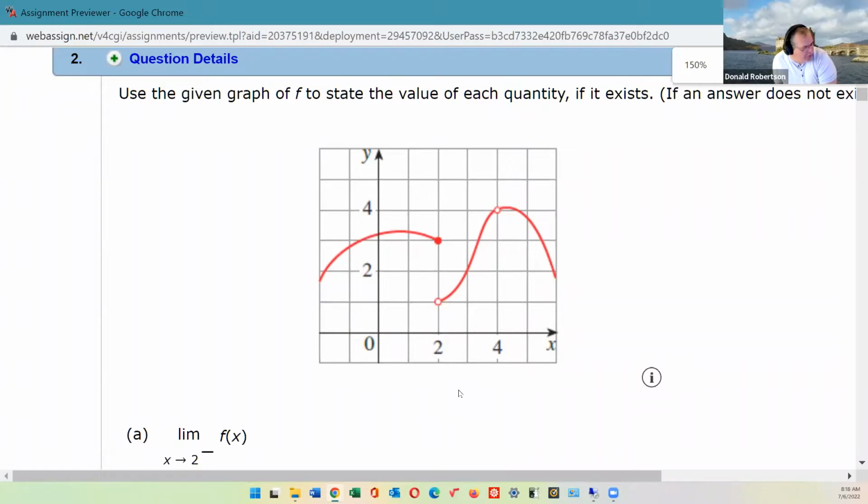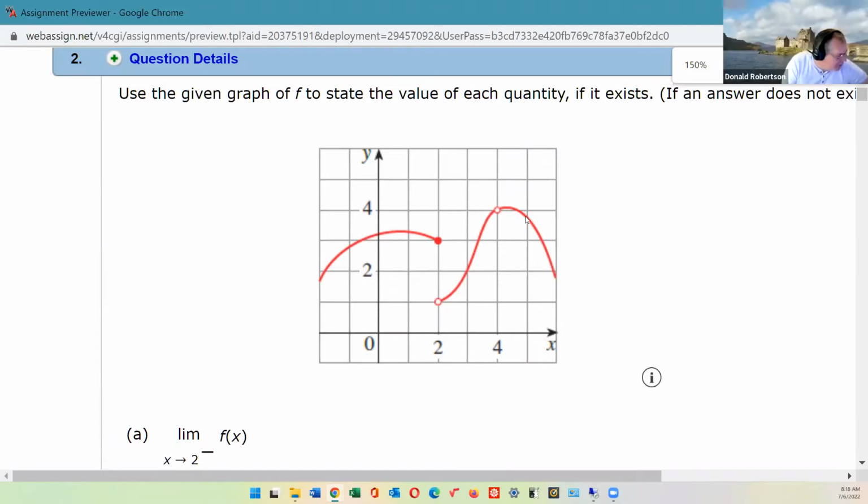There's only one more in this question, so what's the overall limit as x tends to 4? 4. Yes, it's where that little hole is. What's the value of f of 4? Does not exist.